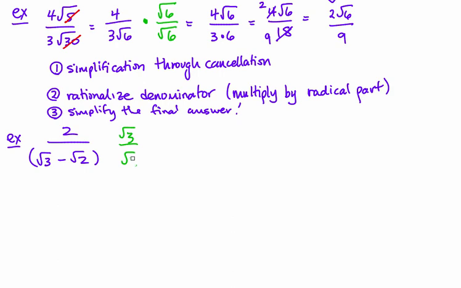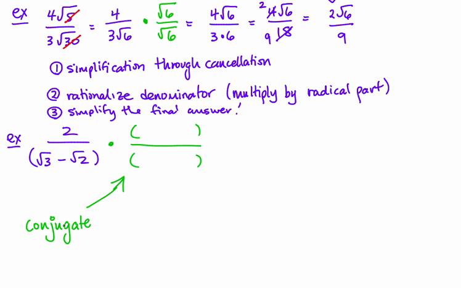And the same if I multiply by root 2 over root 2, it will rationalize this part, but won't rationalize this part. And so what I need to do is come up with a new form of 1, and that new form of 1 is quite a bit more complicated, and it has a special name in mathematics. And the special name is called a conjugate.